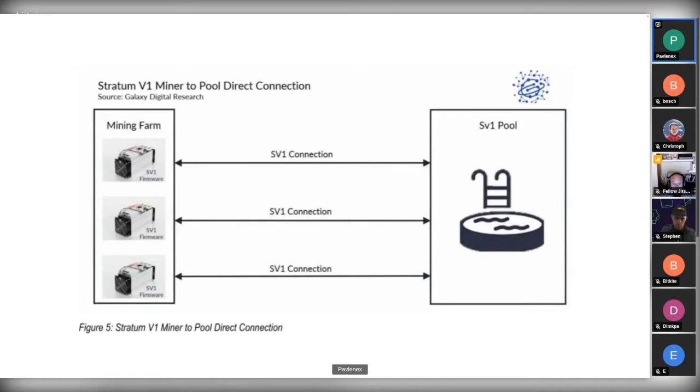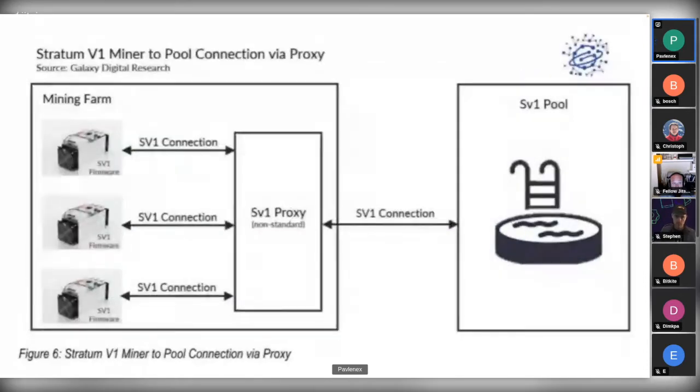But to avoid all of this constant sending of messages, miners basically use a proxy server. That saves a little bit of bandwidth, and I guess it also improves a little bit of privacy, but maybe Filippo can correct me later if I was mistaken on the privacy part.